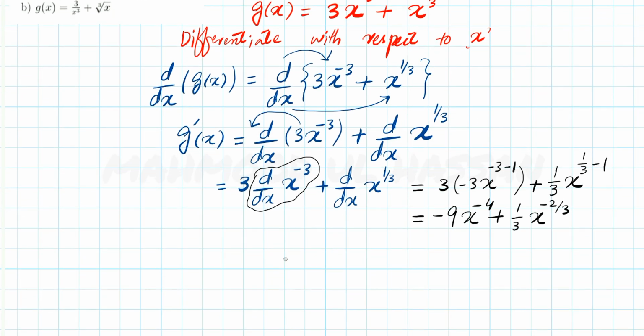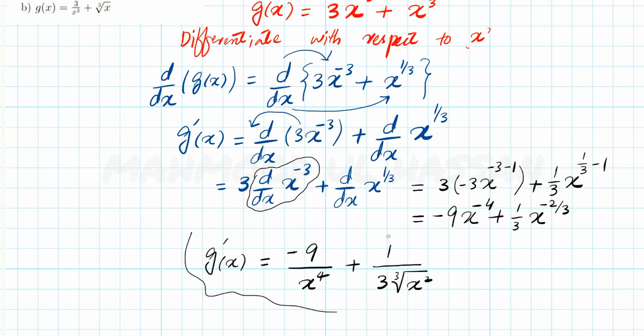You can see here that g prime of x is equal, this first term can be written as negative 9 upon x to the power 4, plus 1 divided by 3 into cube root of x squared. Okay, so this is the final derivative of the given function. Is it okay?